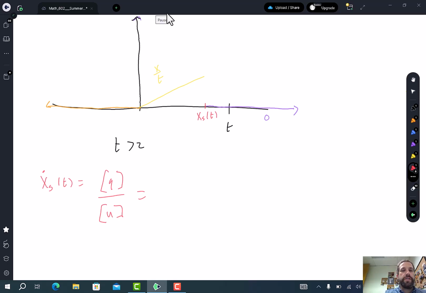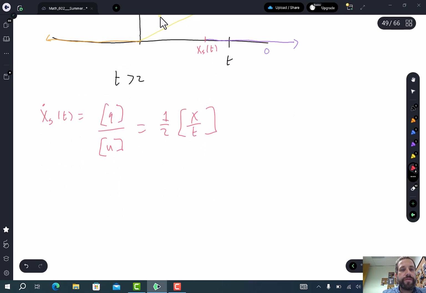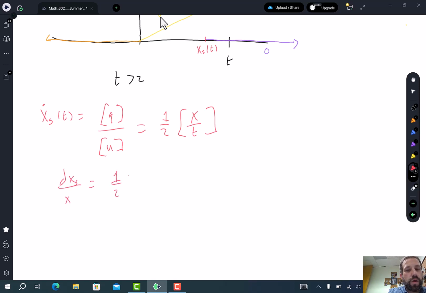So this is 1/2 times x over t. So notice now we actually have a differential equation. Like x is on both sides of the equation here. So we can write this as dxs over x is equal to 1/2 t dt.